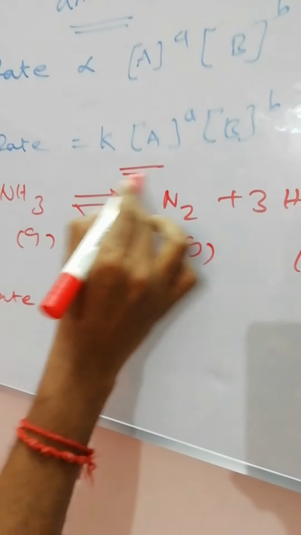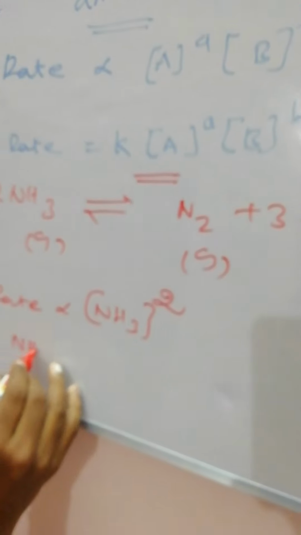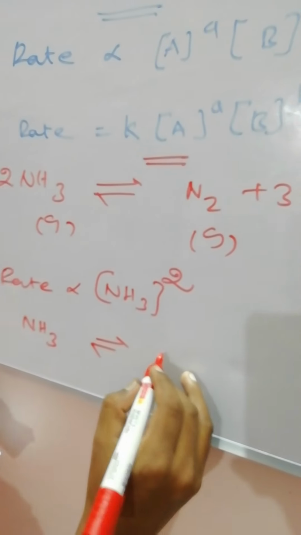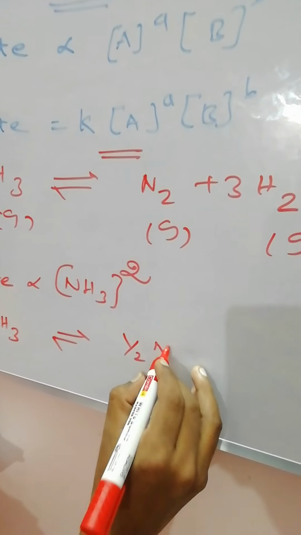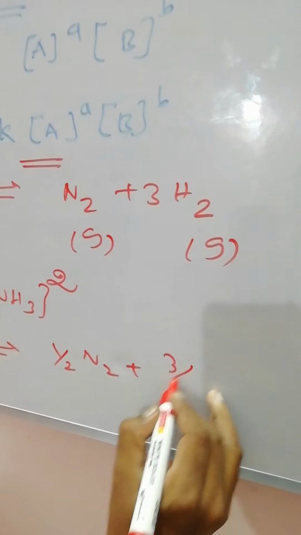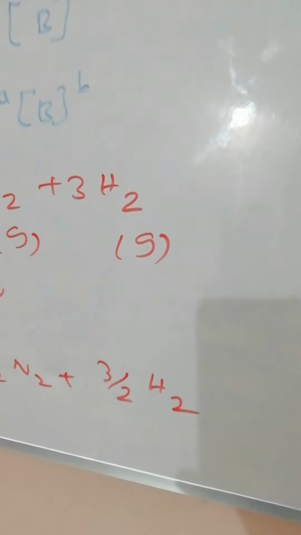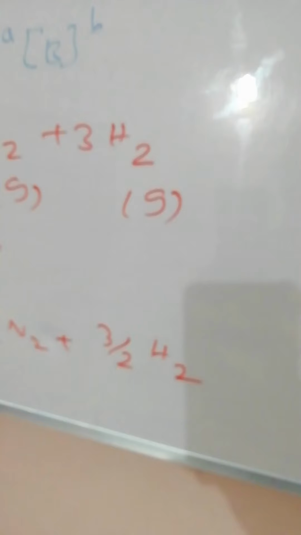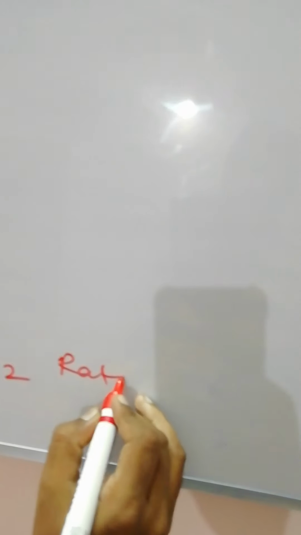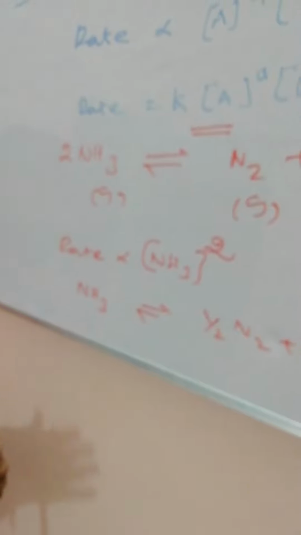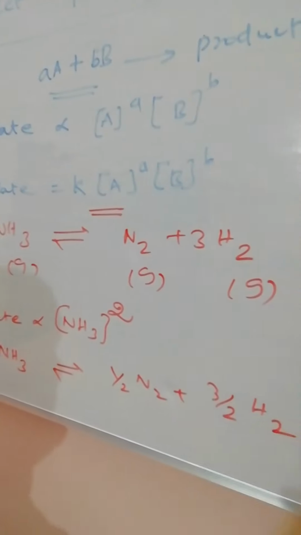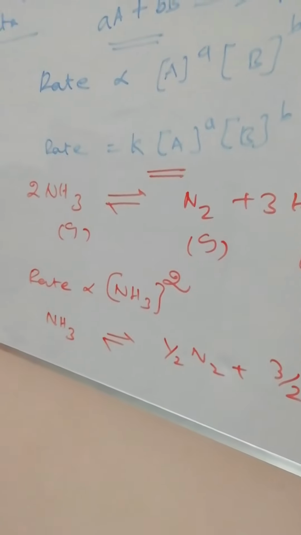Now I write the same equation in the first step: NH3 gives half N2 plus 3 by 2 H2. For this equation, rate is directly proportional to NH3 power 1. I am telling the same reaction having two different rates.